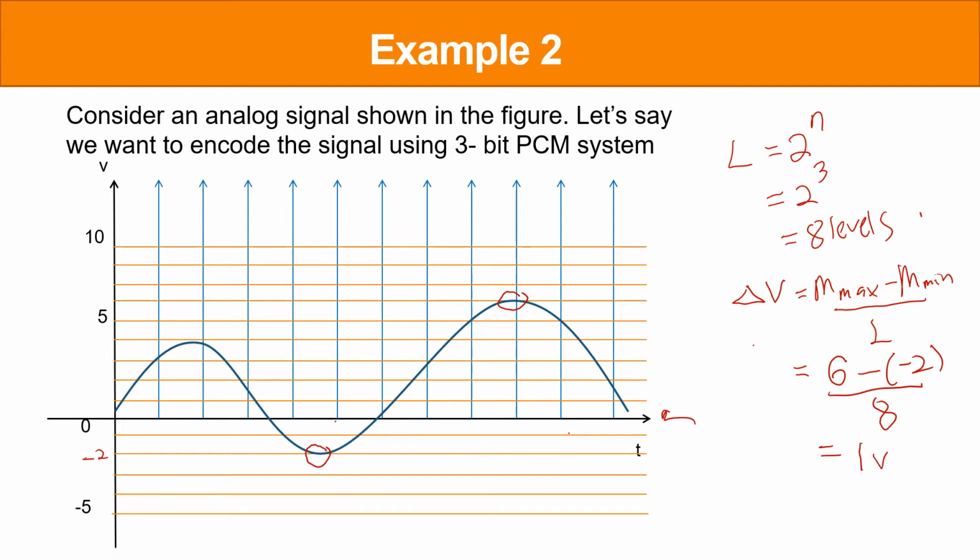Each of these segments will be divided into levels. So -2 to -1 will be indicated as level 0, and -1 to 0 belongs to level 1, and so on until 6 volts.